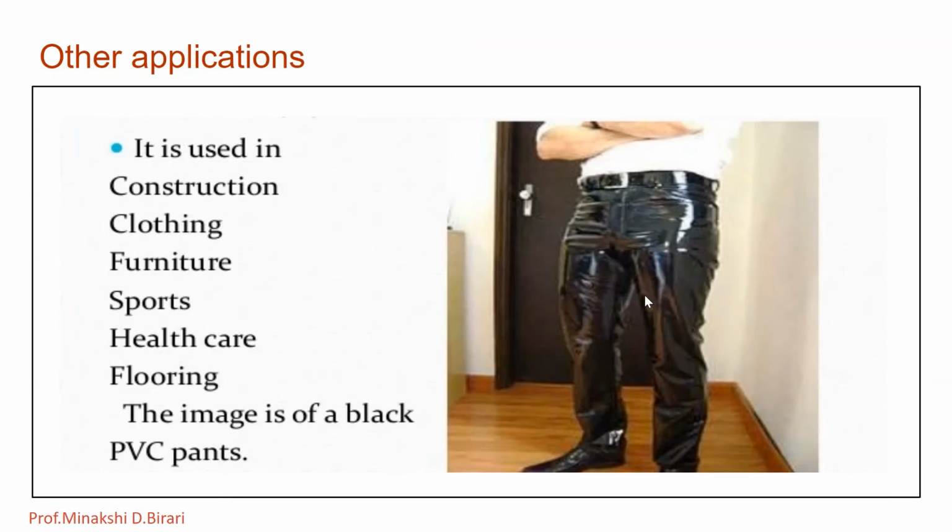So, a number of uses: for the manufacture of artificial leather, as an insulator for cables, and for the manufacturing of pipes and other laminated materials, PVC can be used.